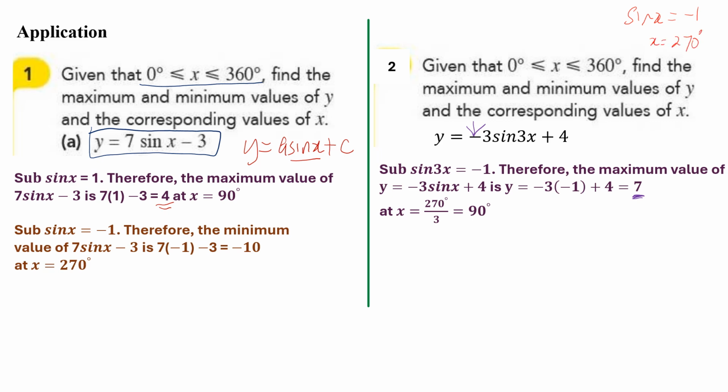Right now I'm having sine 3x, so I need to take 270 divided by 3. So therefore the angle that will give me sine 3x equals -1 happens at x equals 90. You can look at it this way if you don't understand what I'm saying. Basically, you just substitute your x to be 90, and you have sine 270, and you can just use your calculator to work out sine 270, that will give you -1.